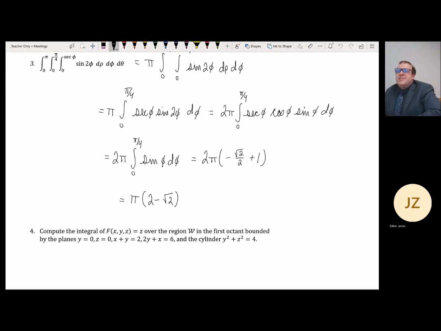Conventionally, they represent three-dimensional domains with a script W.